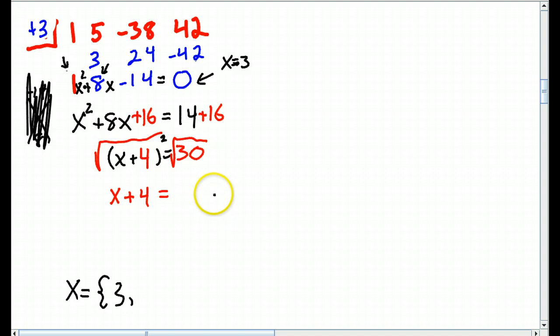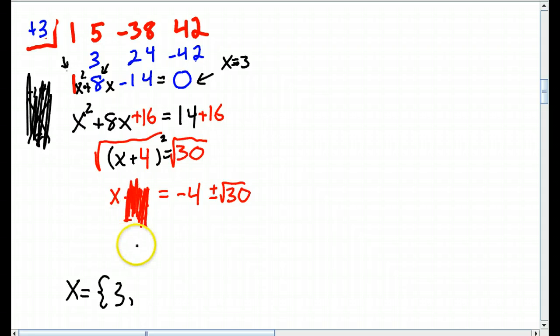No. So we get plus or minus root 30. Lastly, subtract 4 on both sides. And we get x equals negative 4 plus root 30, and negative 4 minus root 30. So there's our two other roots.